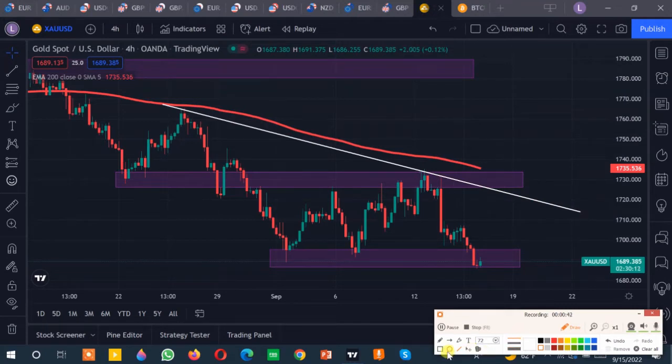So we can say this is the resistance zone here.